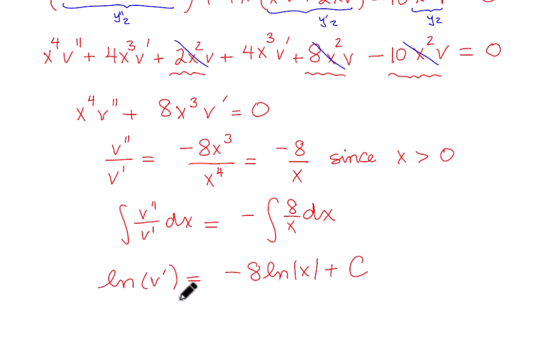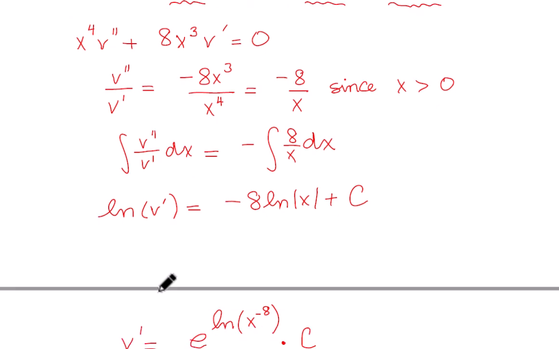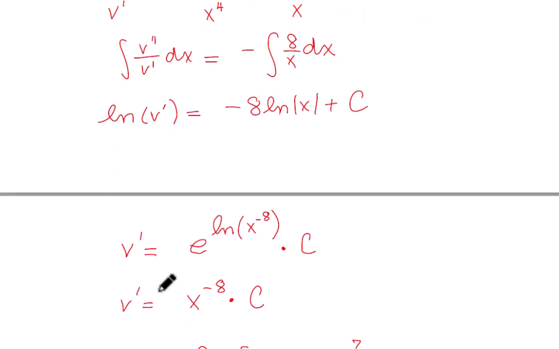If I differentiated this by the chain rule, I'd get 1 over v prime times the derivative of the inside part, which is just v double prime. All right, so I'd like to get my hands on v prime, so let me take e of both sides. All right, so if I take e of this ln, I get v prime back.